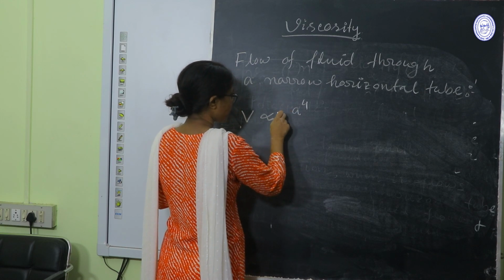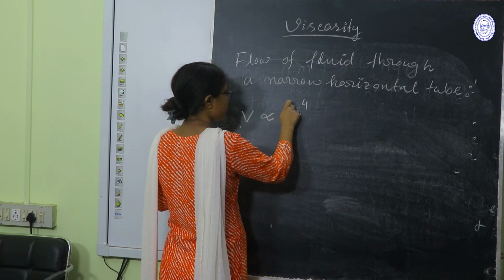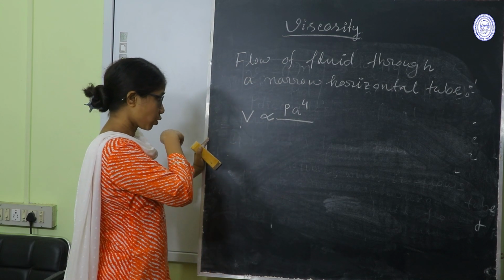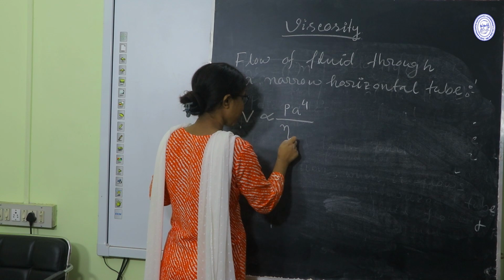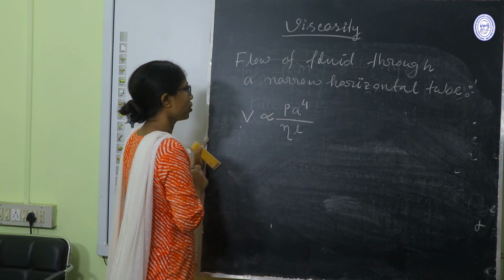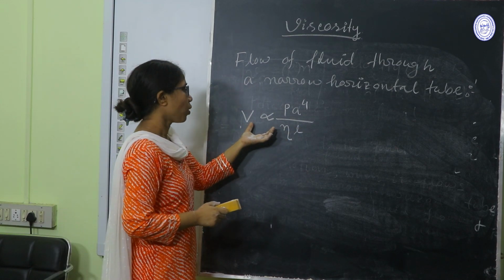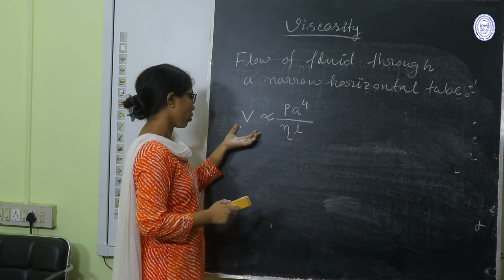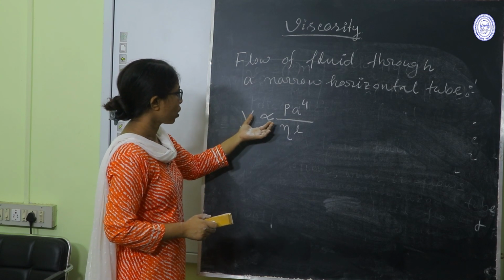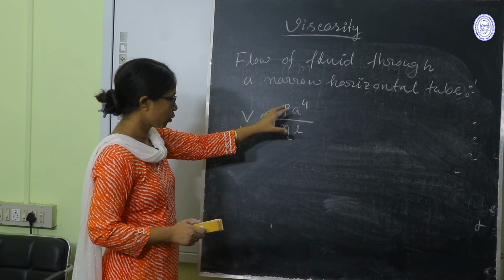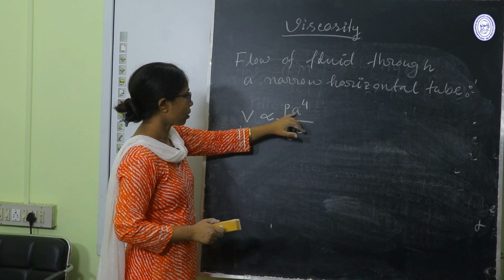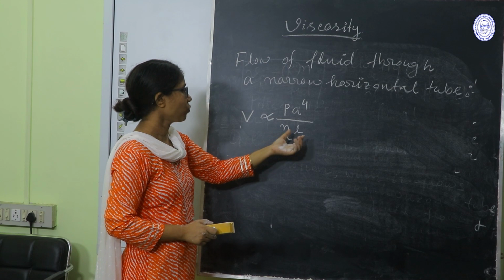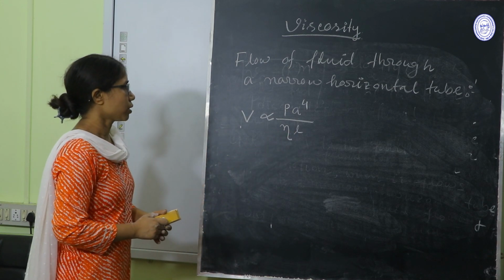And also directly proportional to the pressure difference between the two ends of the tube, and inversely proportional to the coefficient of viscosity and the length of the tube. So, this is actually Poiseuille's equation. Poiseuille experimentally showed that the volume flowing out per second is proportional to the pressure difference between the two ends of the tube and the fourth power of the radius of the tube, and inversely proportional to the length of the tube and the coefficient of viscosity.